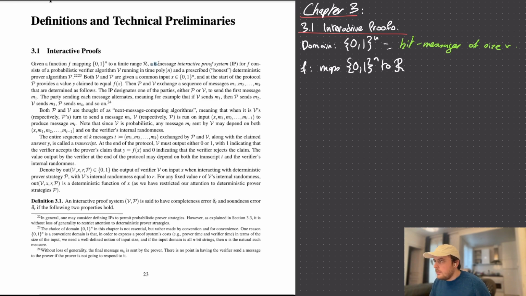A K message interactive proof system. K message is the number of messages, right? Yeah. I didn't understand it like this before.